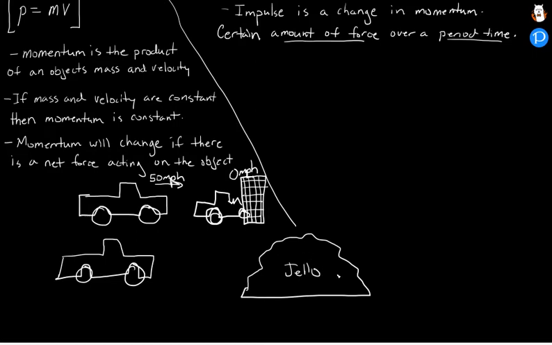A ginormous pile of Jello just pops up from the ground, and this truck, still going 50 miles per hour, runs into it. It's not going to come to an abrupt stop like it did up here. It's going to continue for a little while through this Jello. Let's say this is some pretty thick Jello, so it doesn't go all the way through, but it goes most of the way through and finally comes to a stop eventually.